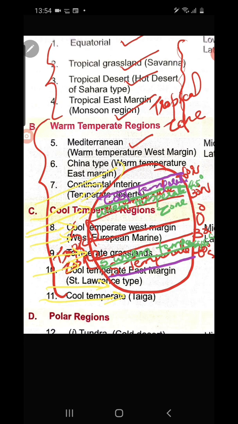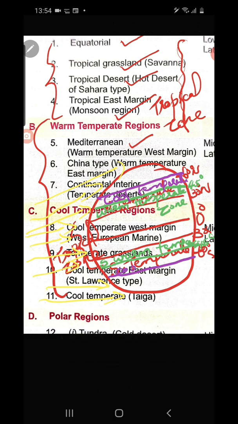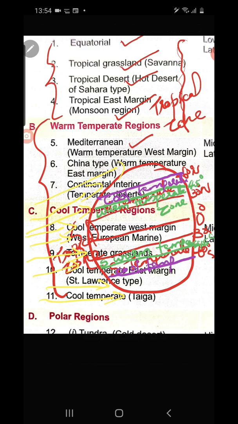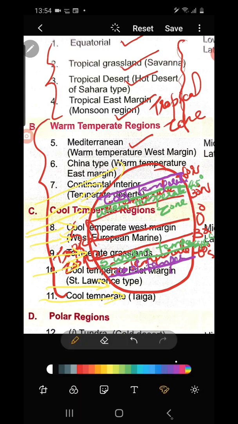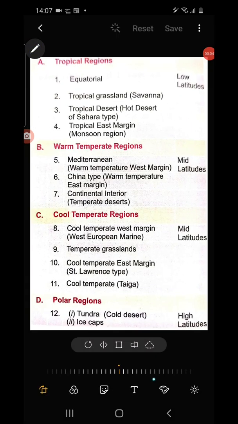That is the difference between the warm temperate zone and the cool temperate zone. So the temperate zone can be classified into warm temperate zone and cool temperate zone in both the southern and northern hemispheres. Clear?